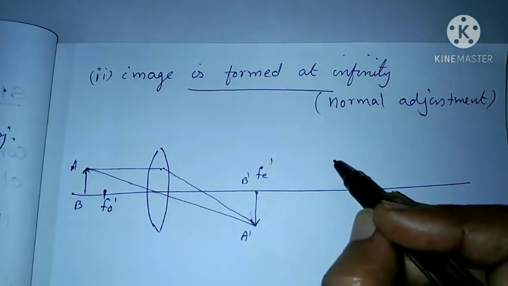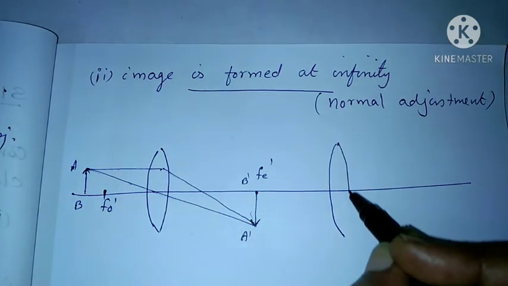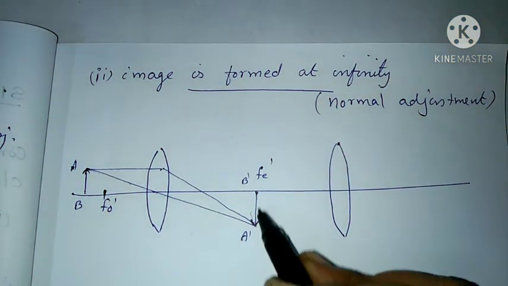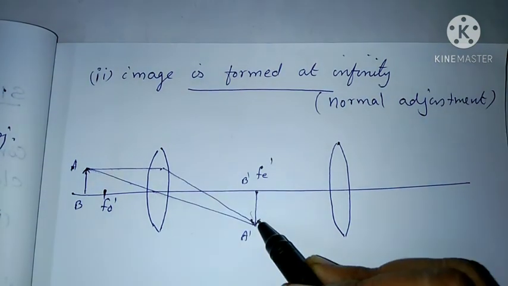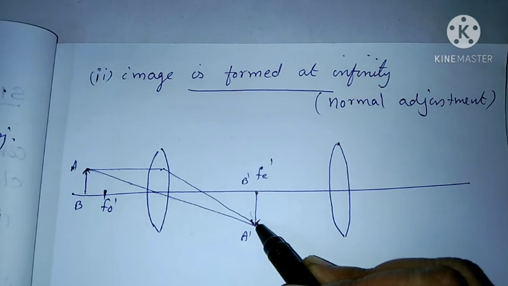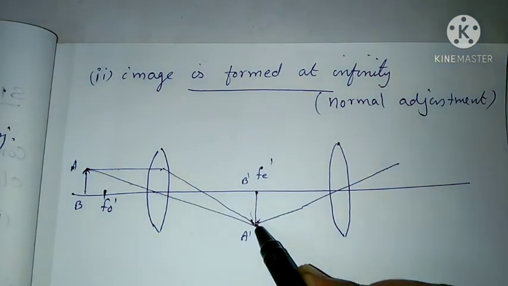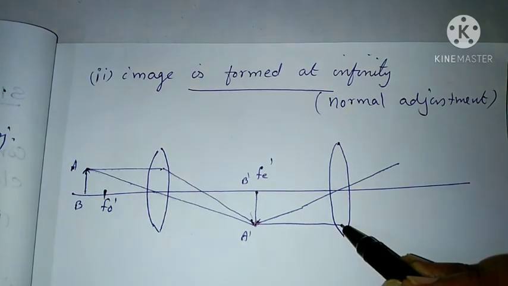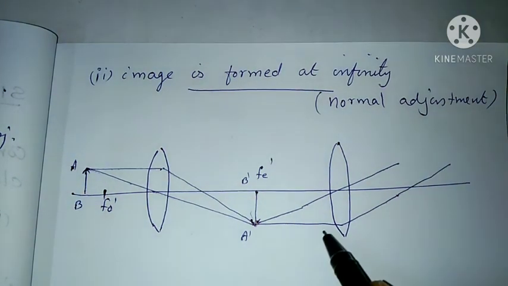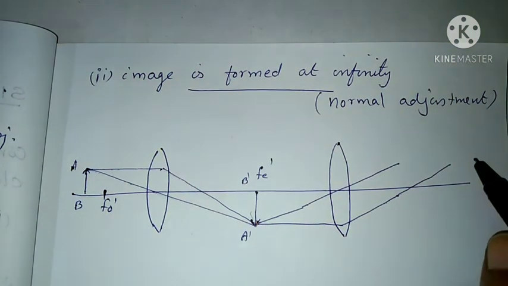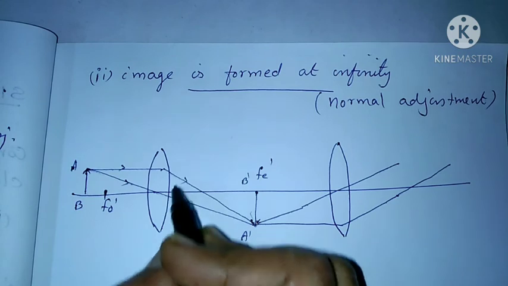Then here we can draw the eyepiece. This image acts as an object for the eyepiece. From here also a ray passes through the optic center and another ray passes parallel to the principal axis, and after refraction passes through the focus. Then you can draw the arrow mark like this.